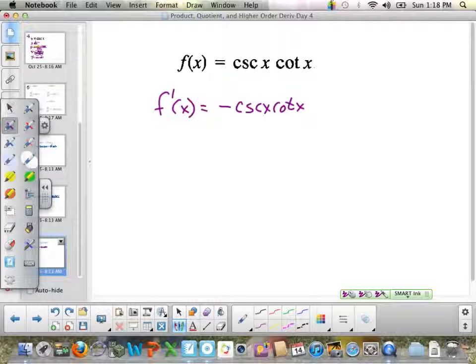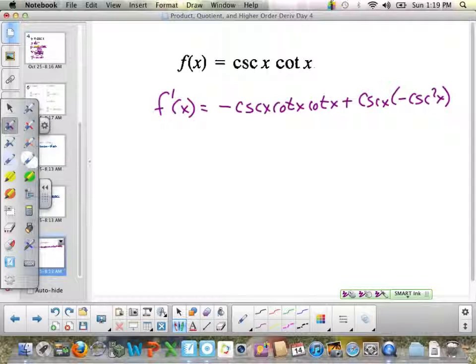So we got, I do first, derivative second. I did derivative of the first. So we'll keep the second. So we got second derivative of the first plus first derivative of the second, and derivative of cotangent is negative cosecant squared.